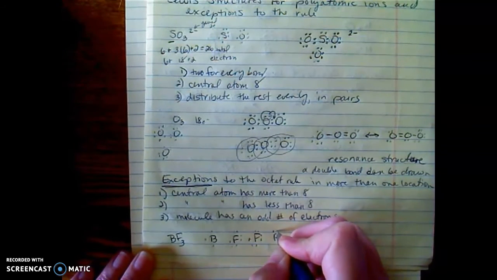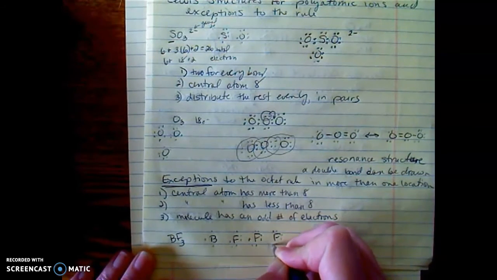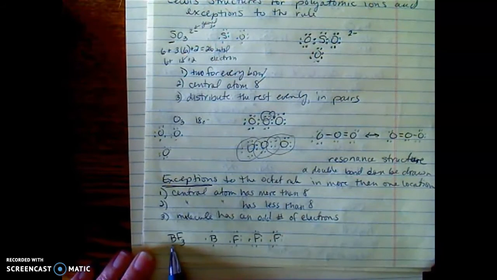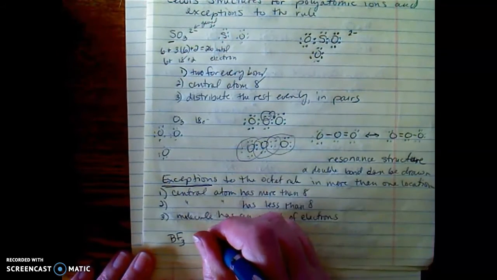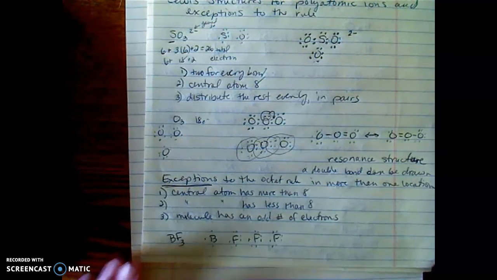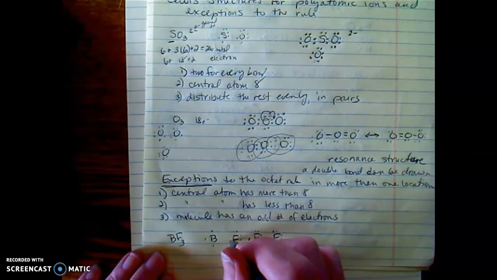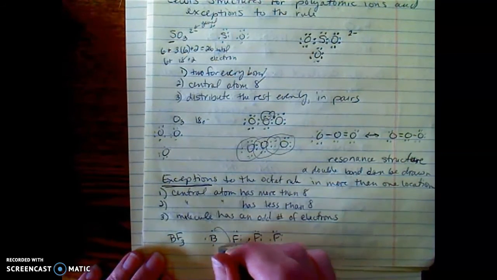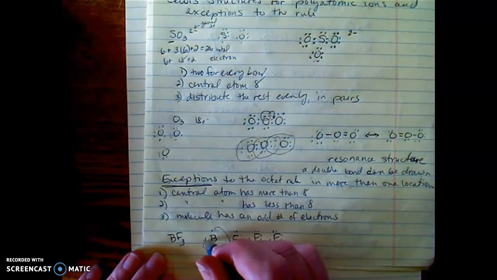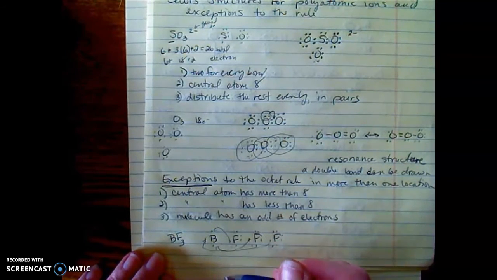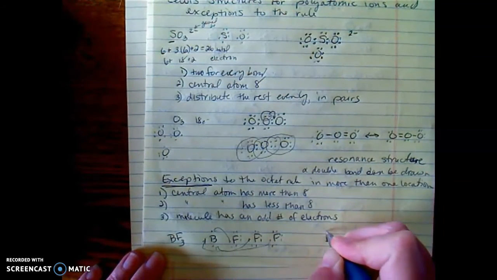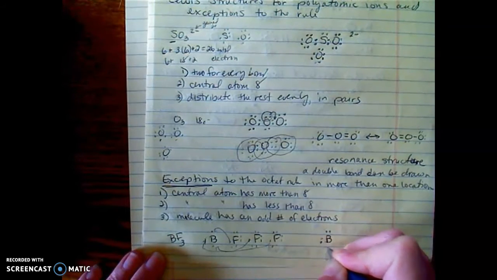You can tell which one's going to be your central atom, the single one or the one that has the highest bonding capacity. This has 3, this has 1. You've got a fluorine. One can go there, one can go there, and one can go there because fluorine needs one. So that gives us a structure that looks like this.